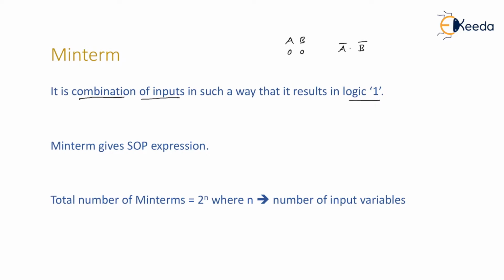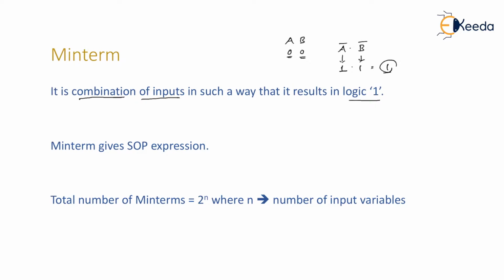I want the input combination in such a way that it must result in logic 1. That is, if A is equal to 0, then A bar becomes 1. Again, B bar means what? B is equal to 0 means B bar results in 1, and 1 into 1 gives you product as 1.